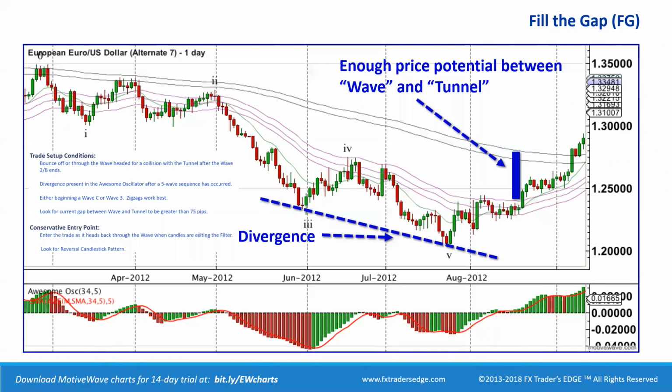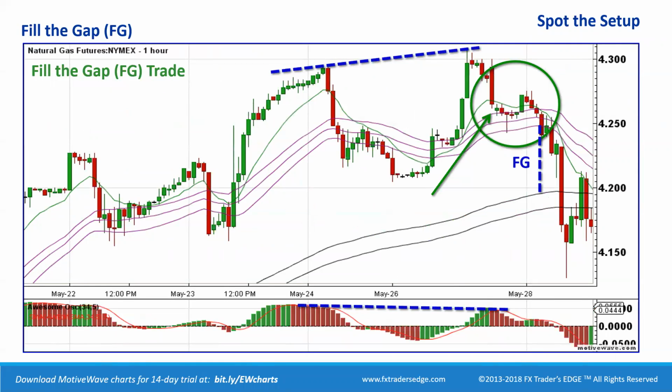So now let's look at a trade example. This is natural gas futures, 1 hour. And we have divergence in the awesome. We had the PW down into the wave, and then we move back out of the wave, and the fill the gap trade would be the move from the bottom of the wave to the tunnel.